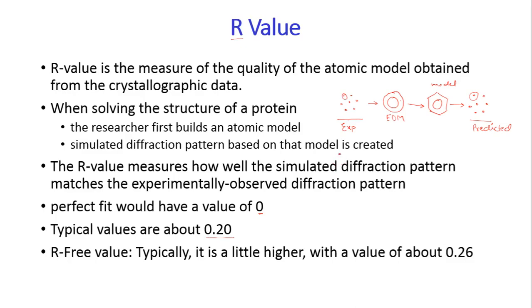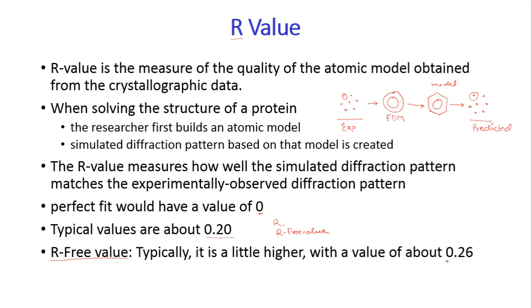What people have done further is perform some statistical work to improve the significance of this R value, and we call it the R free value. So you can compare either R value or R free value.